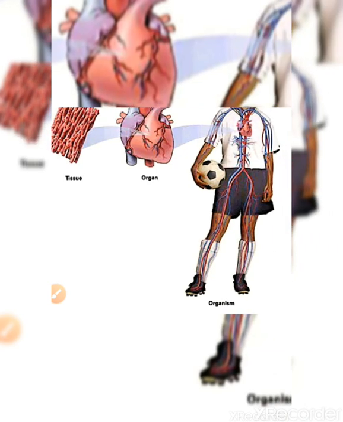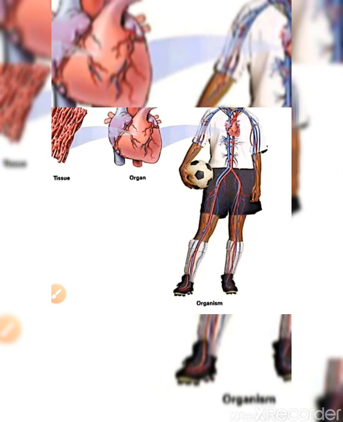Now a group of organs makes an organ system. For example, we have the transportation system. In the transportation system, veins, arteries, heart and blood are there. All this makes an organ system.